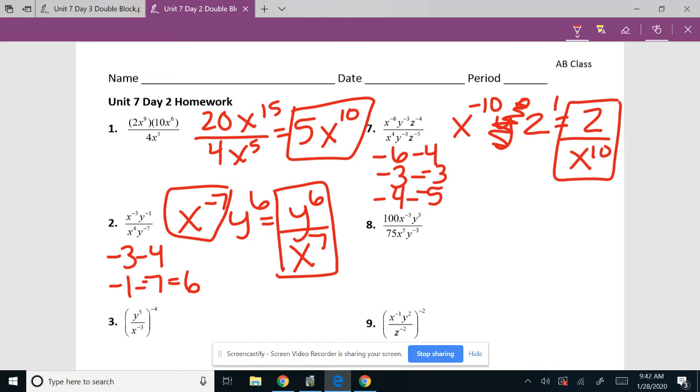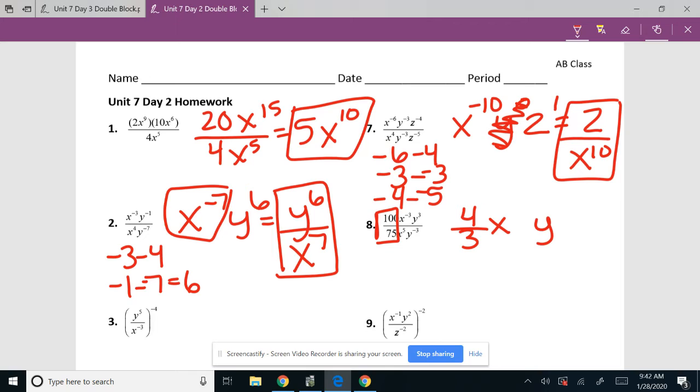I'm going to go ahead and help you with the division of 175. Okay. We can divide 75 into 100, but we can reduce it. They're both reducible by 25. 100 divided by 25 is 4, and 75 divided by 25 is 3. Okay. I'm going to put your x and your y here. You're going to have to do the numbers.